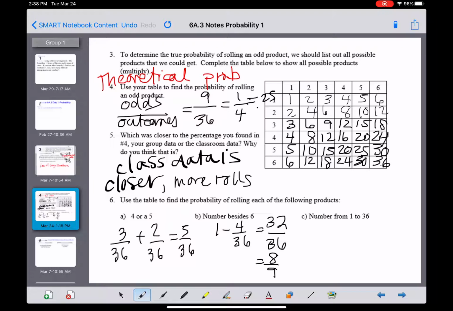So the reason we do it that way is because then I don't have to go through and count how many are not 6s. I just count how many are 6s and subtract, 36 minus 4, or 1 minus 4 out of 36. So this is called the complement rule.